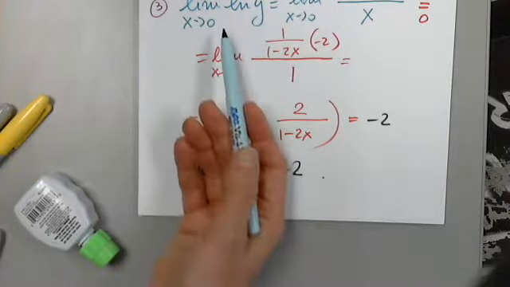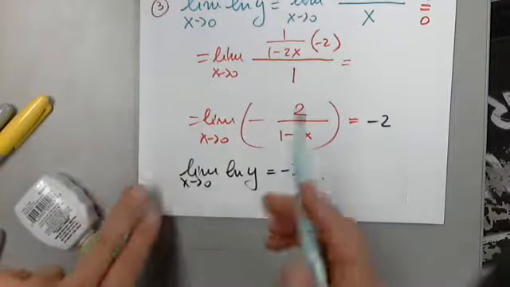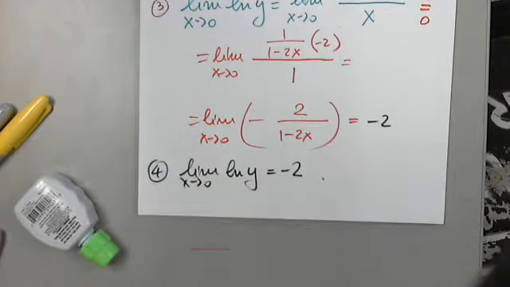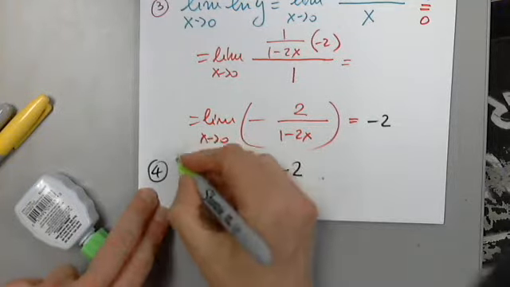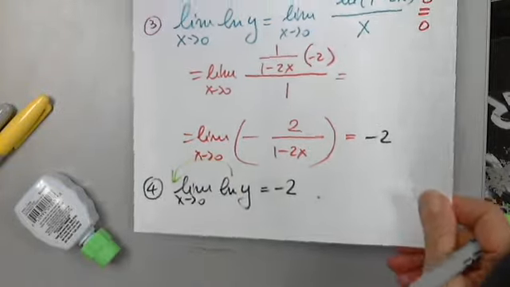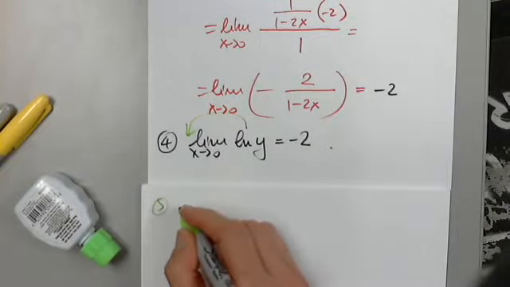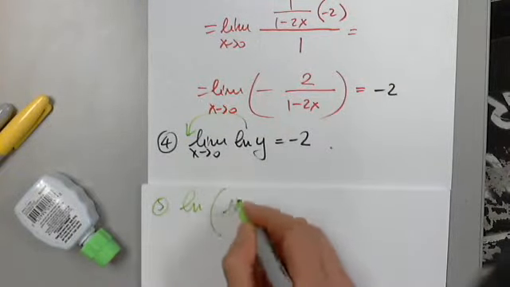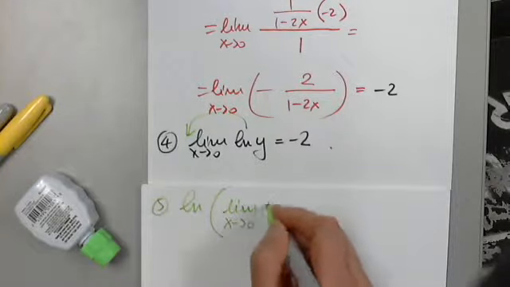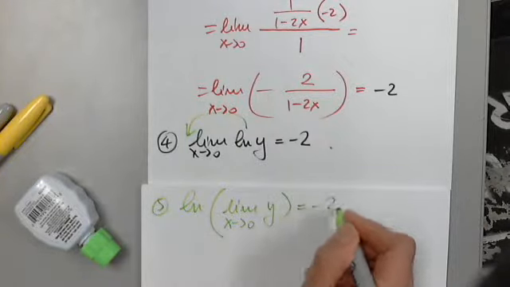I copy the beginning of step 3. If you want, we can call this step 4. So I copy the beginning and the end. What will I have to do next? Yes, knowing that under certain conditions of continuity, I am allowed to swap the operators. So in step 5, if you want, I will say natural log in parentheses limit as x approaches 0 of y is -2.